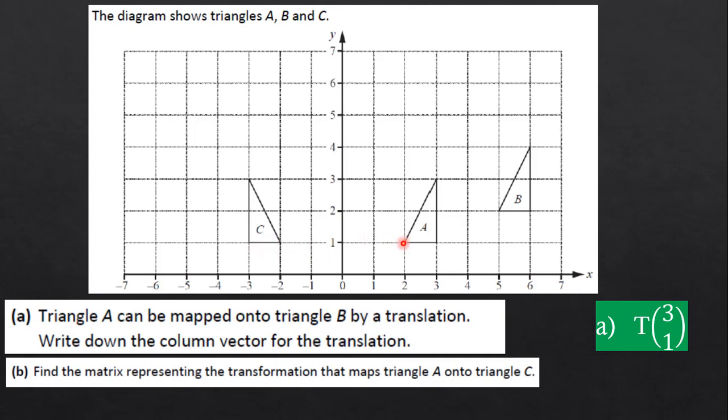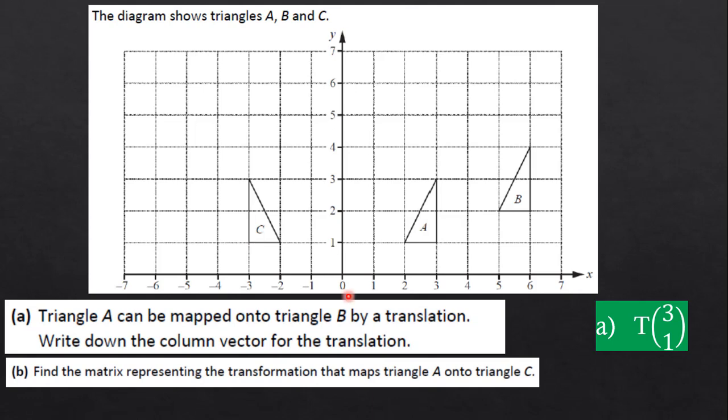And you see there is no change in the y component of this vertex on both sides. However, the x component of it, 2, becomes negative 2, which means that triangle A is mapped onto C by reflection in the y-axis.